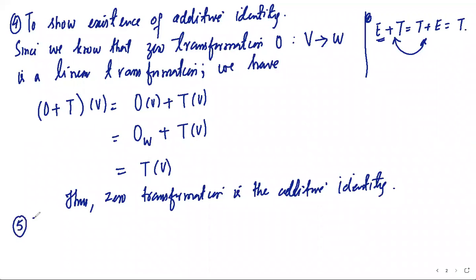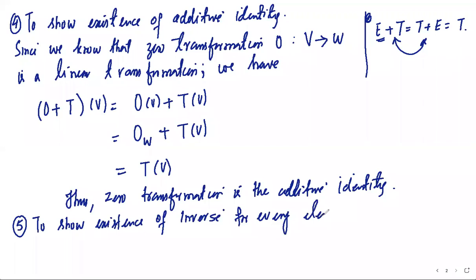Now next, to show existence of inverse for every element T of L(V,W). तो आपको क्या लगता है कौन सा एलिमेंट हम चूज करेंगे, कीपिंग इन माइंड कि वो एलिमेंट भी लीनियर ट्रांसफॉर्मेशन होना चाहिए.